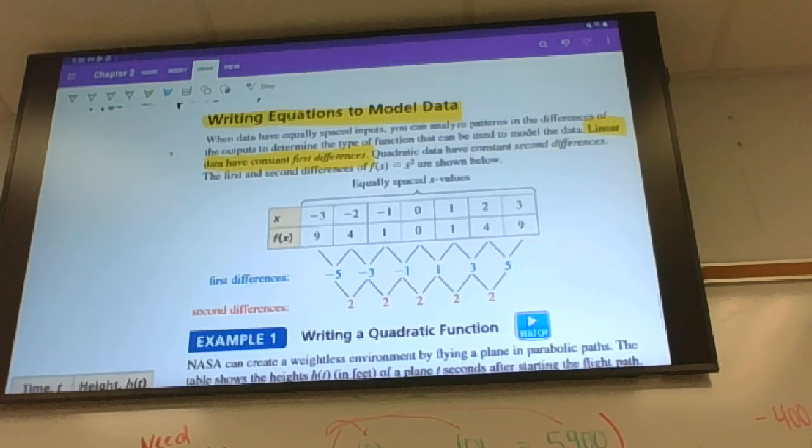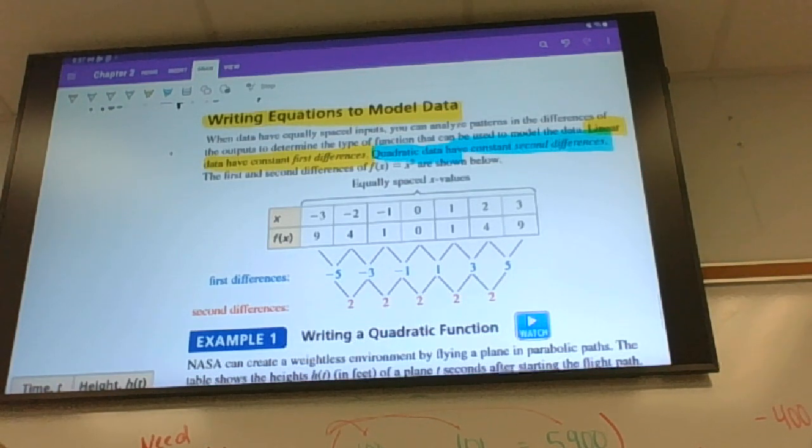It says if you're looking at a parabola, a quadratic, that means you have constant second differences. So this is a table of a quadratic. You got your x's. Notice that your y's don't change the same way that a linear table does. It goes down 9, and then it just changes by 3, and then it just changes by 3, and then it just changes by 9 again.